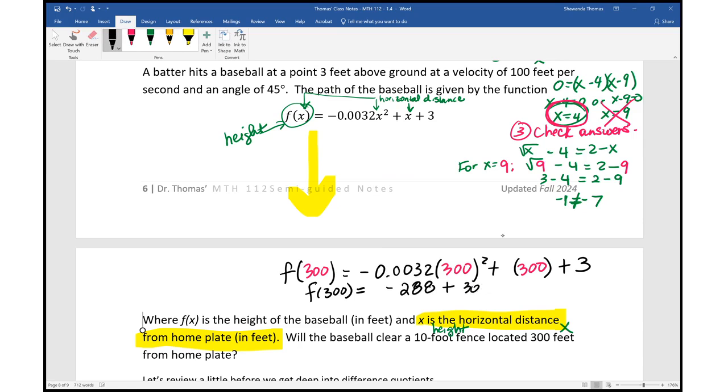And let's go ahead and put 303. Why not, right? 300 plus 3 is 303. We can do that in our heads. Therefore, negative 288 plus 303 is 15.